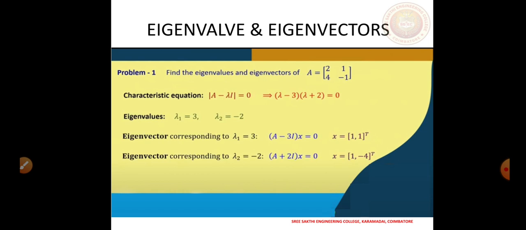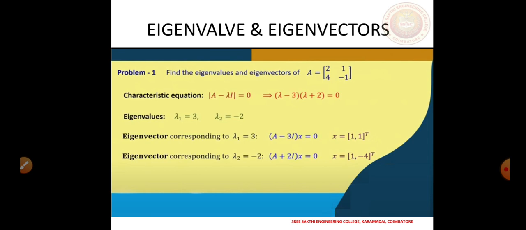So how do we write the characteristic equation? It is just the determinant of this matrix, subtracting lambda from the diagonal, giving 2 minus lambda and minus 1 minus lambda, equal to 0.